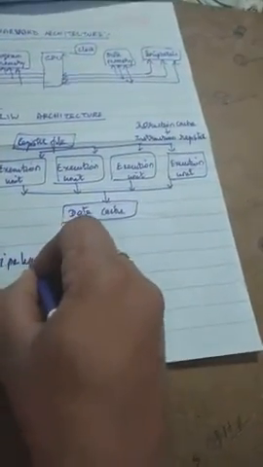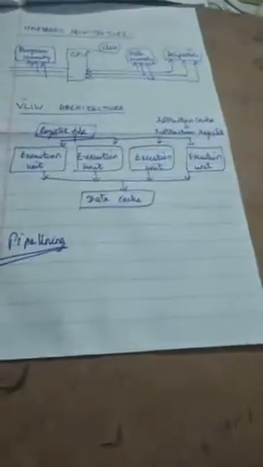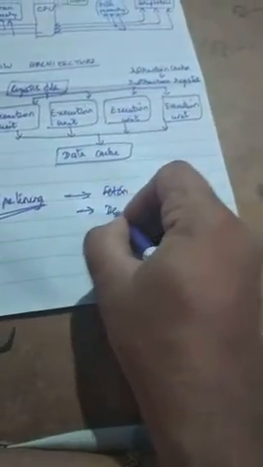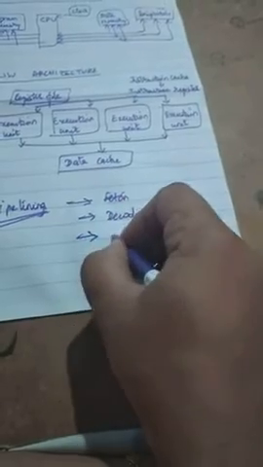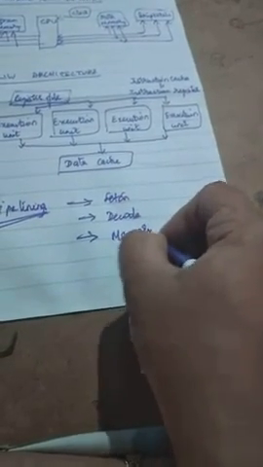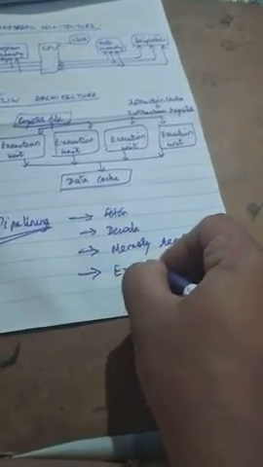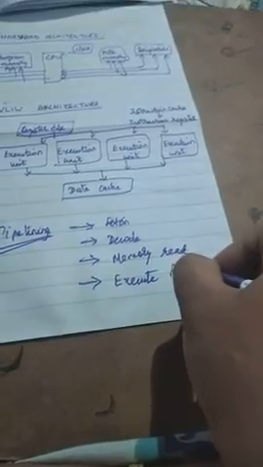The pipeline has four major stages. The basic four stages of pipelining are: the first one is fetch, the second one is decode, the third one is memory read, and the fourth one is the execute phase.